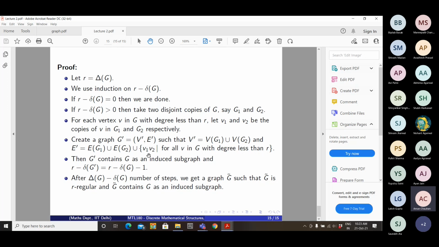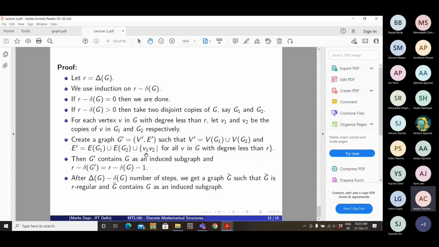Okay. So then we will have a graph G', and you see that if we take v1, then in G it has some degree, say s, but in G' it has degree s plus 1, right?